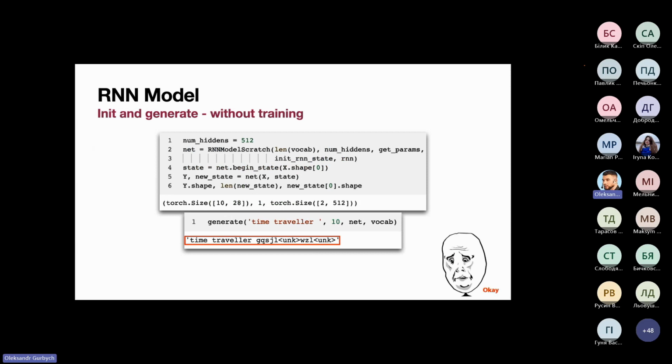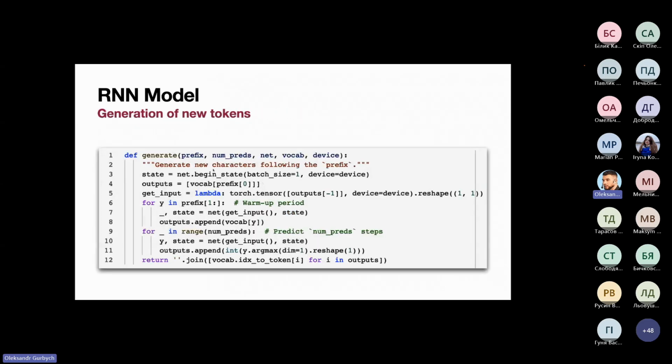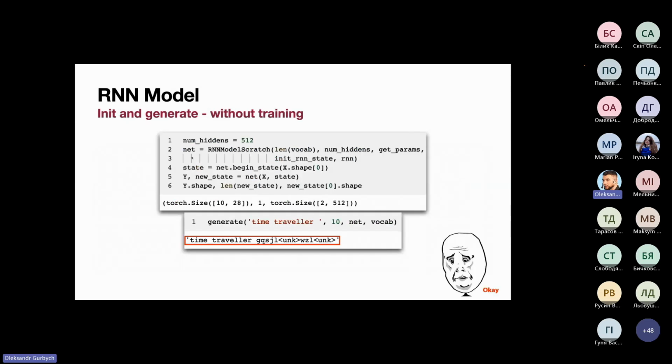So in this experiment, we used one hidden layer with a width of 512. We initiated the network, we initiated its initial state, and we started generation. We generated 10 symbols, right? We gave it a prefix.